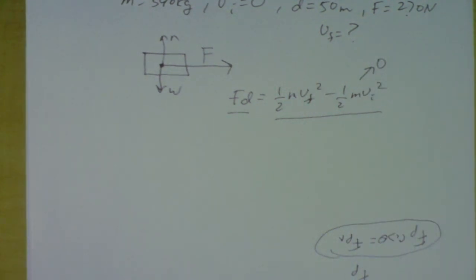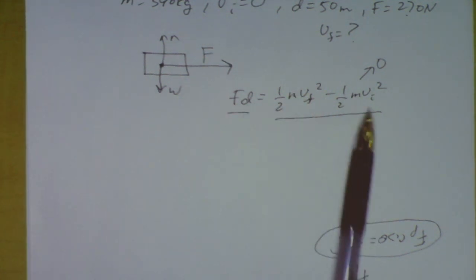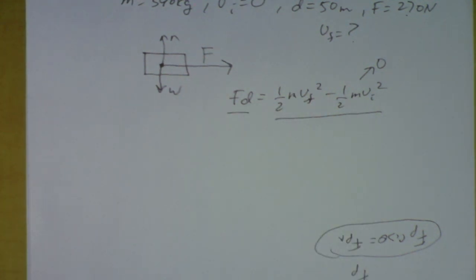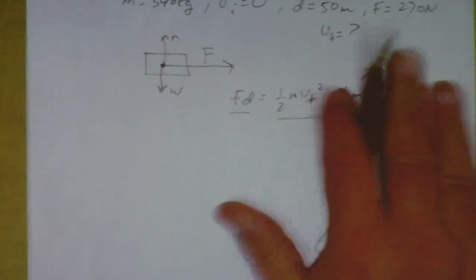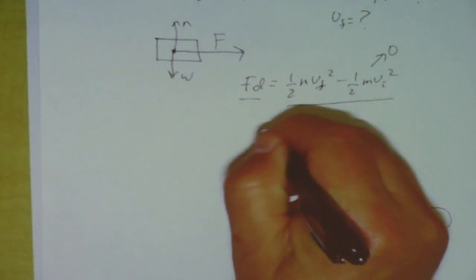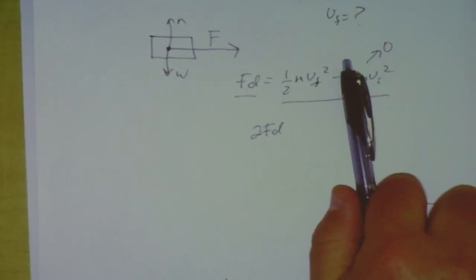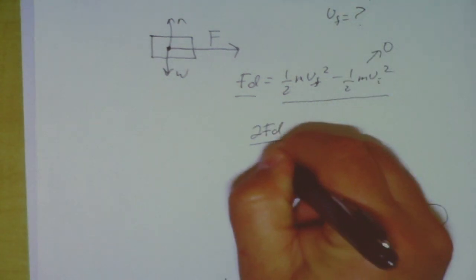Again, you might ask, what's the formula for finding the final speed? There is no final speed formula. You have to use this concept of the work energy theorem, and then hopefully what you're looking for is in this formula. So we're going to have to do some algebra. This term is 0. Multiply both sides by 2, so that goes away. Divide both sides by the mass.